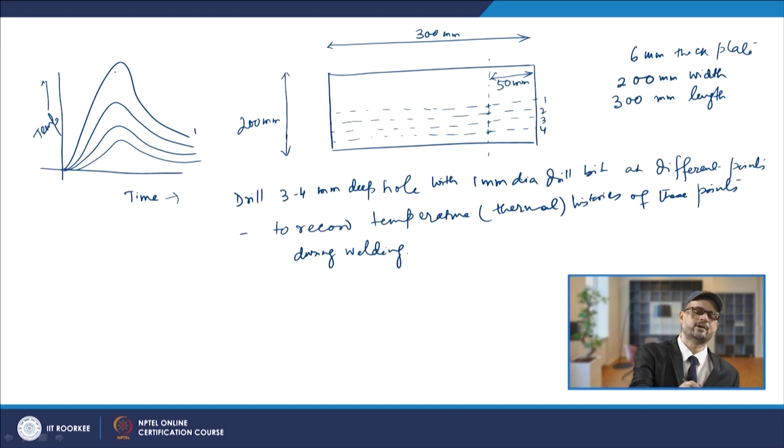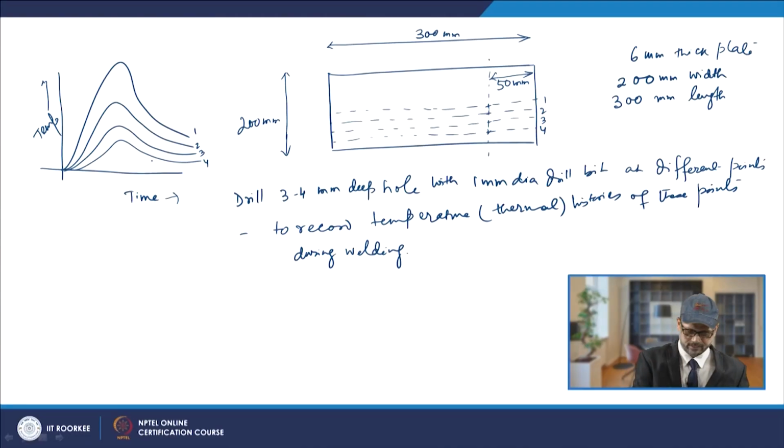This kind of pattern will be shown, and these will be the points 1, 2, 3, 4. For the first point it will be maximum, and then you will have the second point, the third point, and the fourth point. Accordingly the temperature will be decreasing.